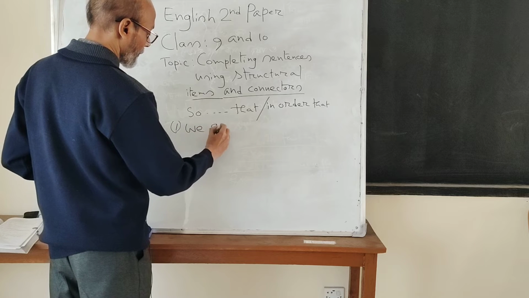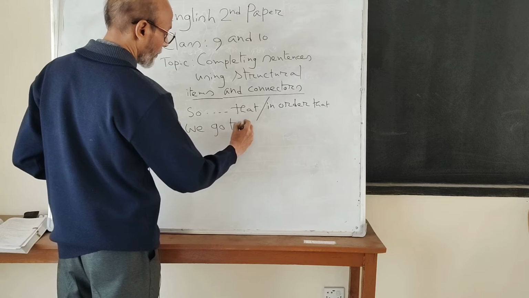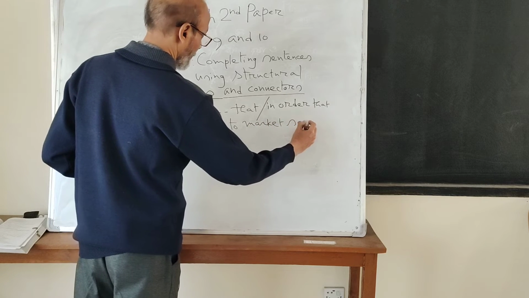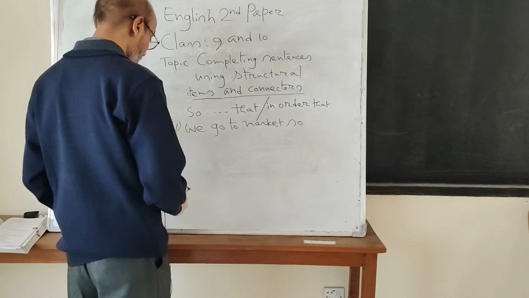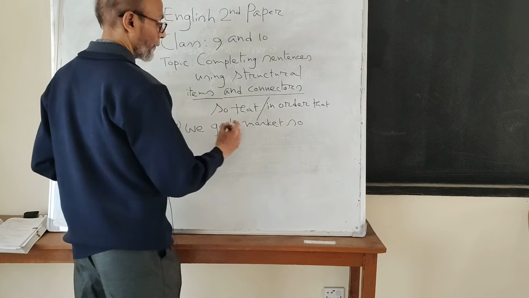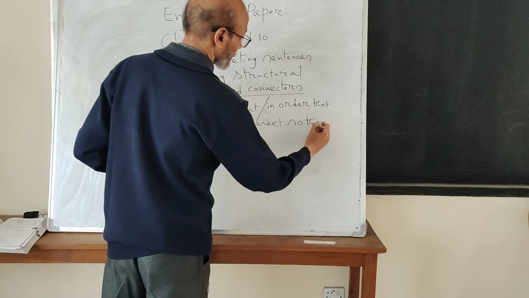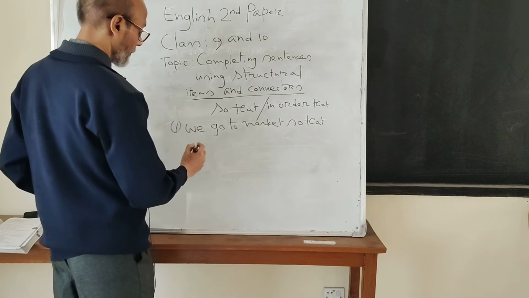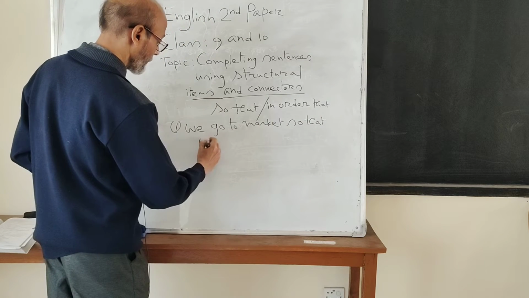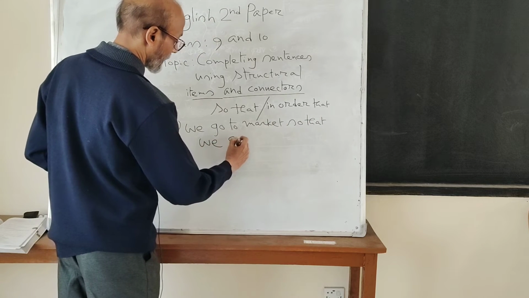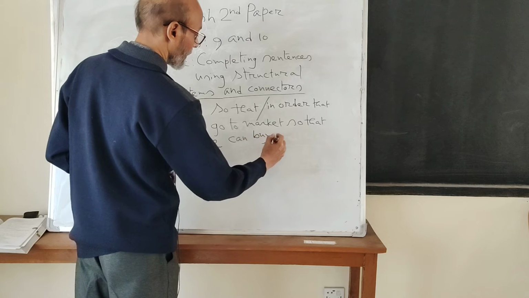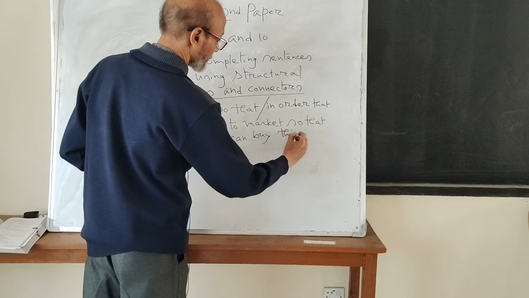We go to market, so that we can buy things. This is the first part, then here appears we can buy things.